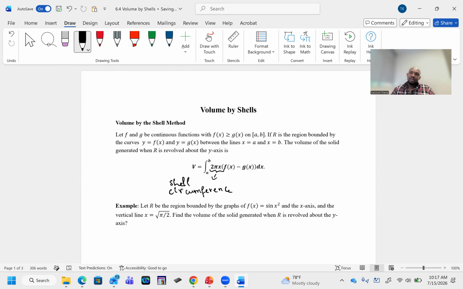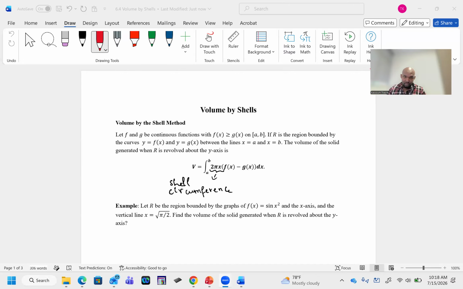And f of x minus g of x is the height. Is the shell height.